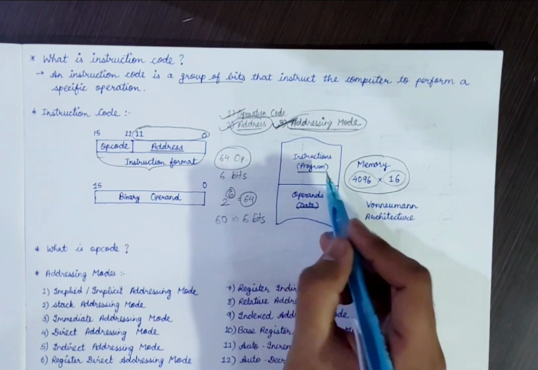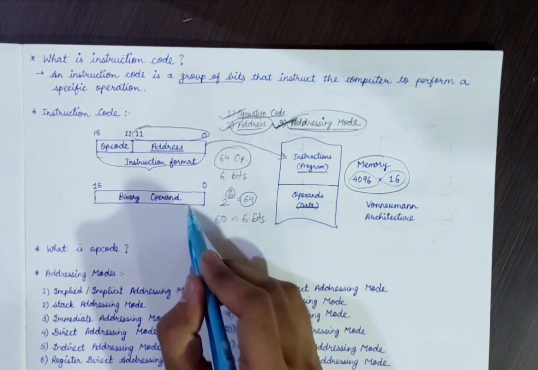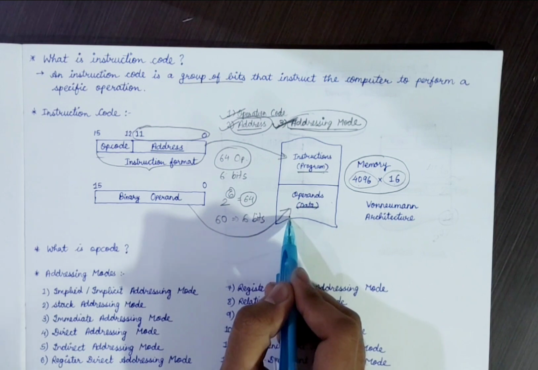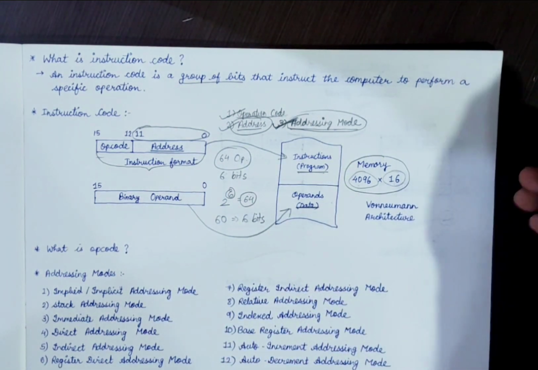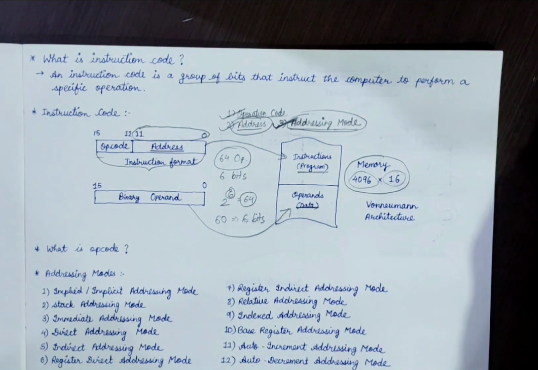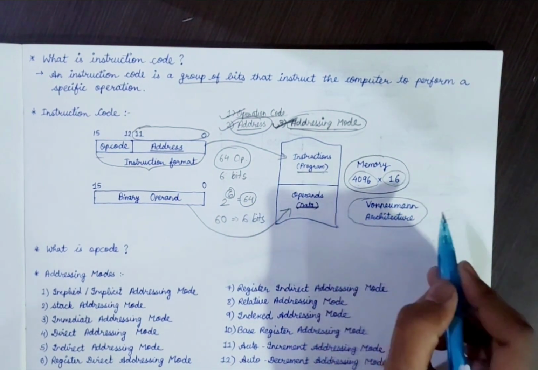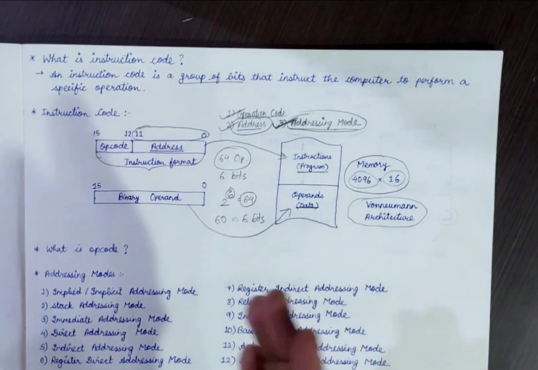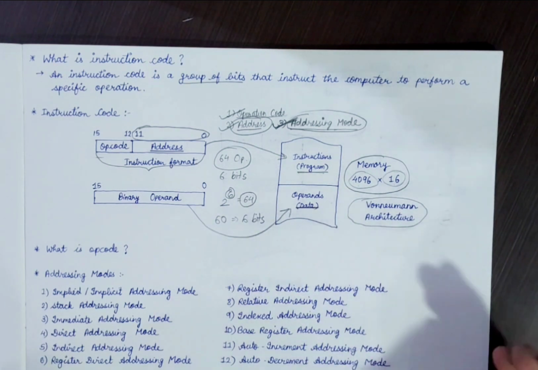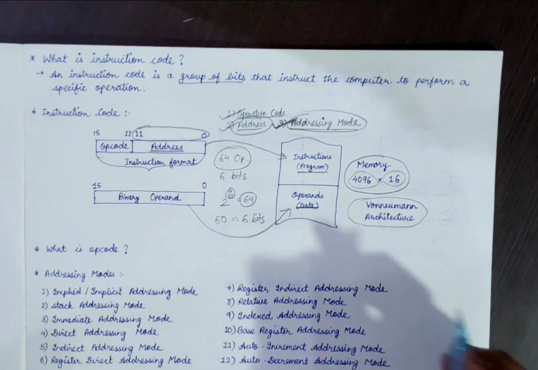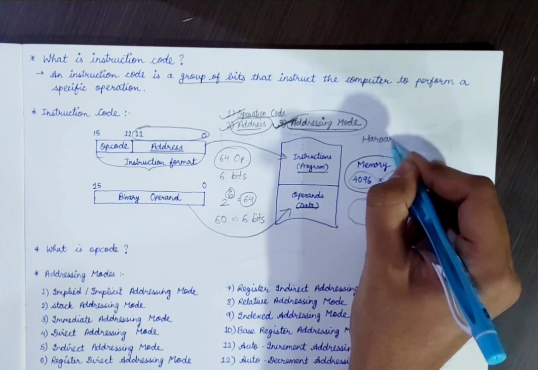In program memory the instructions will be stored, and in data memory the operands will be stored in binary form. When we divide this physical memory into two parts, we call it von Neumann architecture. And when the instructions are stored in a different memory and data is stored in a different memory, that architecture is known as Harvard architecture.